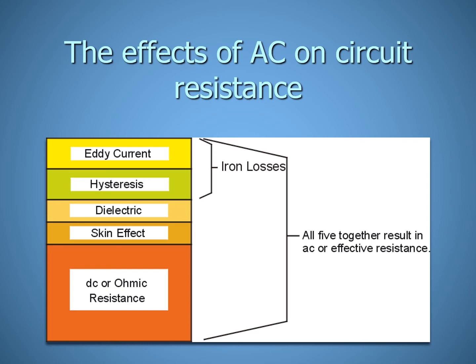Or do we have a dielectric effect, which is the distortion of the electrical field inside the insulator? Or do we have any concerns with the skin effect based on how much counter EMF is being created inside the system? Some of these things will be affected by voltage. Some of these things will be affected by frequency. All of these things need to be considered when we consider the total effect of AC on a circuit.